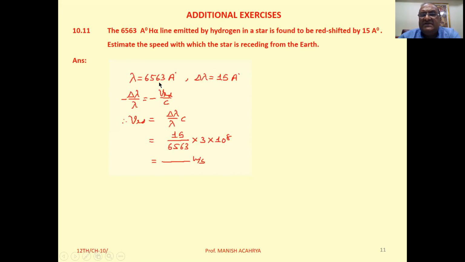So lambda 6563 angstrom, delta lambda 15 angstrom, minus delta lambda by lambda, that is minus v rad by c. v rad, that is delta lambda by lambda into c. Delta lambda, that is 15, lambda, that is 6563, c, that is 3 into 10 raised to 8. Solve this one, you will get the answer. Clear?